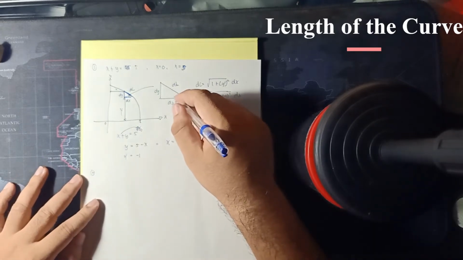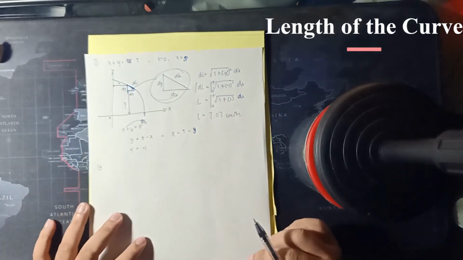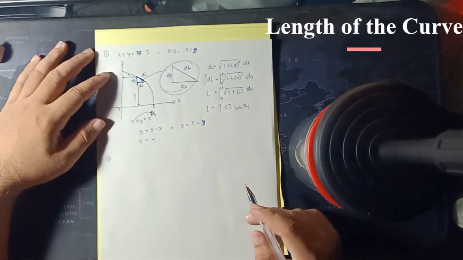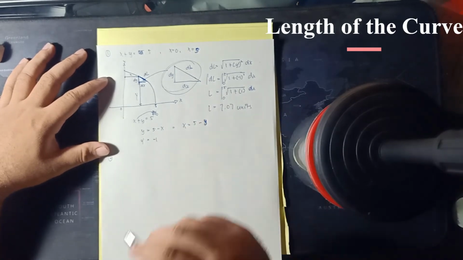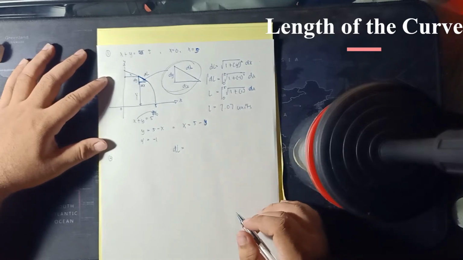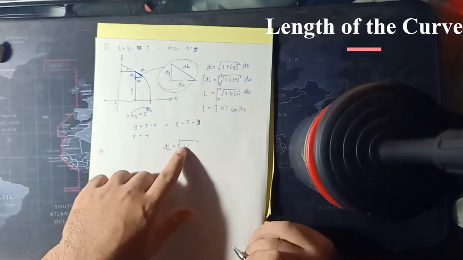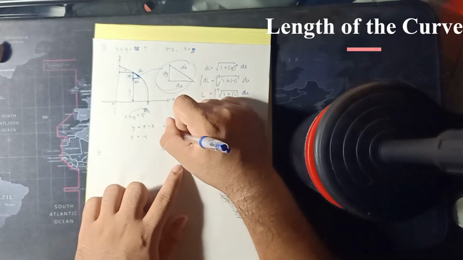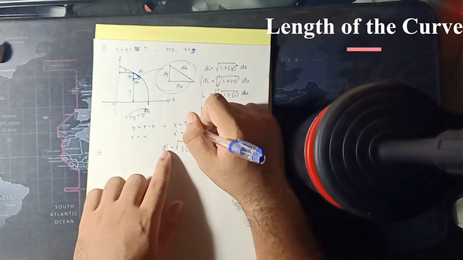As per this illustration here, it's still the same formula for the differential length, but we're going to do it by dy. So dl is equal to the square root of 1 plus x prime squared dy, where x is equal to 5 minus y. If you take the derivative of x, that would be negative 1.